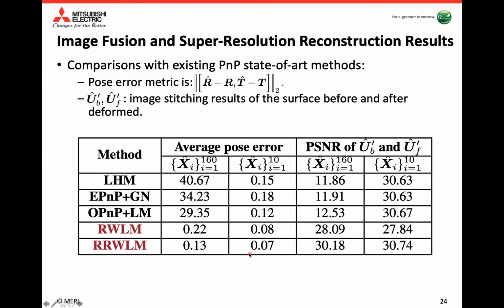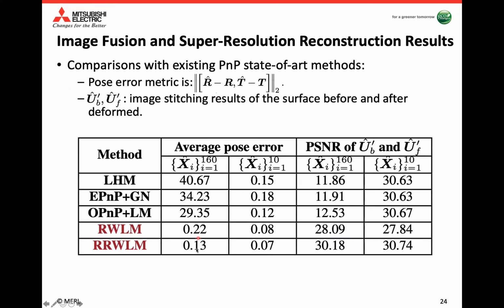Here we show the image stitching experimental results. We use two criteria to test the performance of our image stitching method, with comparisons to 3 existing PnP state-of-the-art methods. The two criteria are the average pose error and the PSNR.